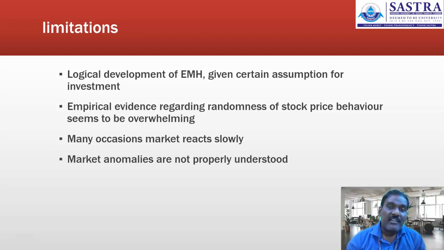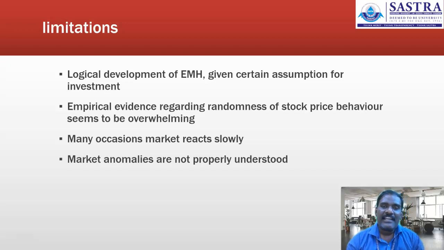The next one: market anomalies are not properly understandable. The movement of the market is not properly understandable. The movement of the market has a significant impact in determining the stock price, but this information is not being captured because the market is random in nature. The market is not going to give a serial effect.